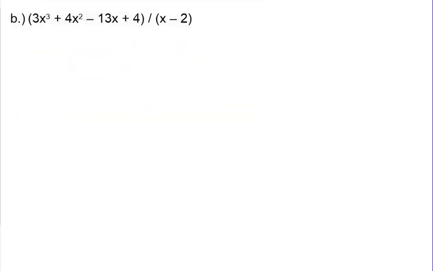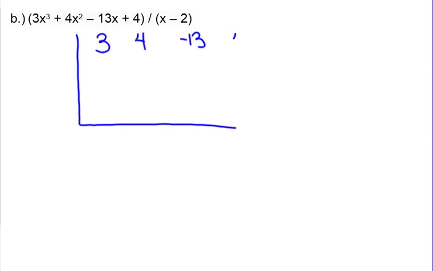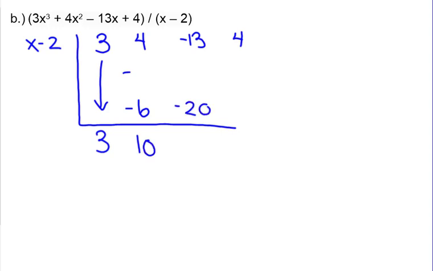All right, same one. Make sure it's in descending order. And it is. All our terms are filled in. 3, 4, negative 13, 4, and x subtract 2. Bring down our first number. 3 times negative 2 is negative 6. 4 subtract negative 6 is 10. 10 times negative 2 is negative 20.